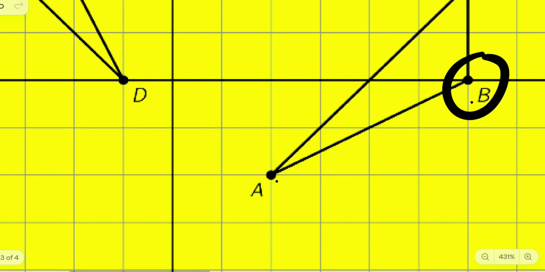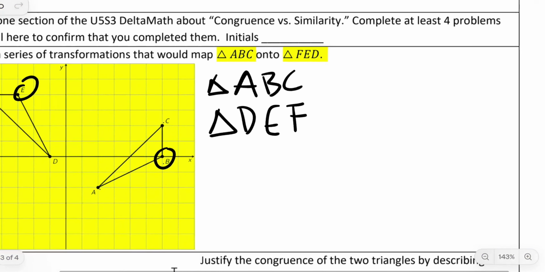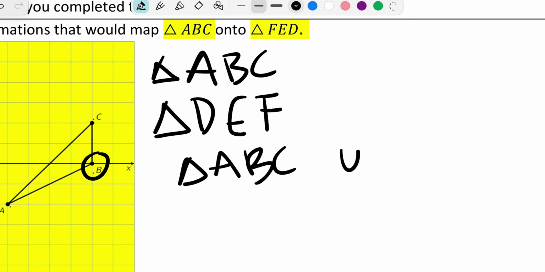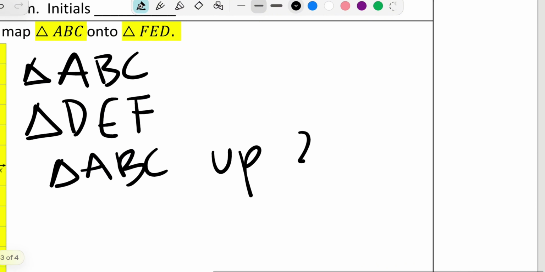So to get from A to D, we'd have to go up 2 units, and then go to the left 3 units. So that's going to be my first transformation. I'm going to write ABC up 2 units.